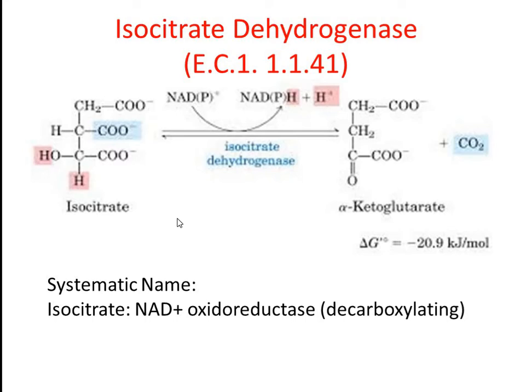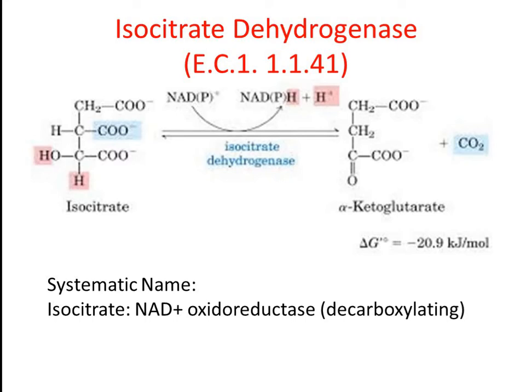Here also the 1 indicates the main class oxidoreductase, the second 1 indicates the donor of hydrogen is an alcohol, the third digit 1 indicates the acceptor of this hydrogen is NAD or NADP, and the fourth digit 41 indicates the specific substrate isocitrate. Generally, the involvement of NAD or NADP or FAD or FADH2 indicates the involvement of a dehydrogenase enzyme.